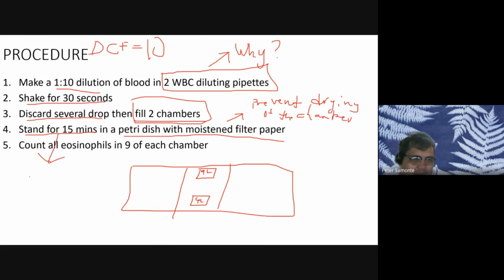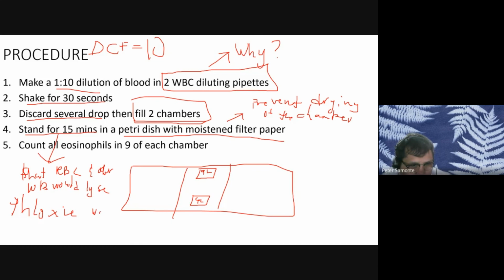You're going to let it stand so that the RBCs and other WBCs would lyse, as well as so that the Fluxine would penetrate the eosinophils, making them red. Making them red.